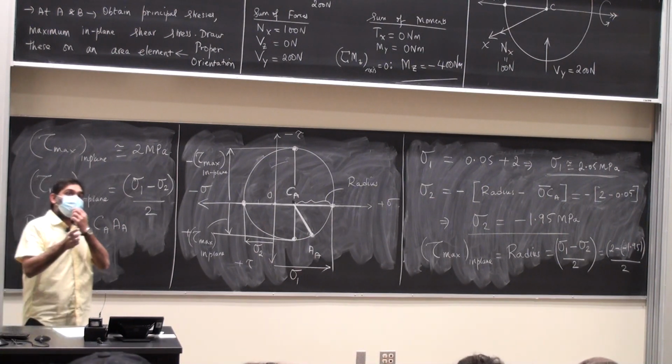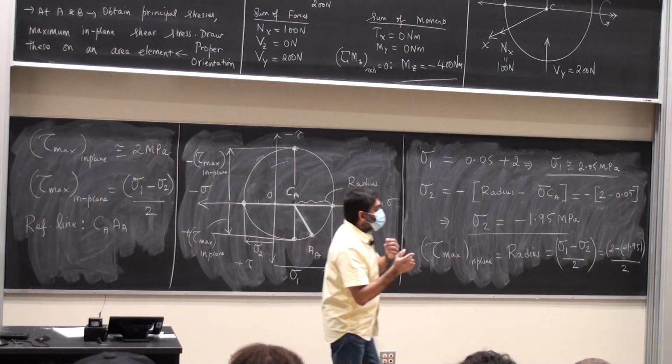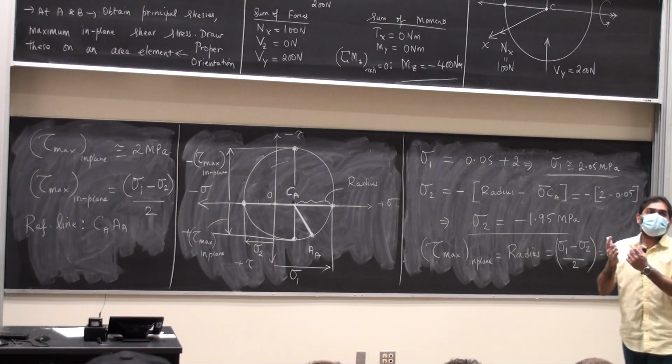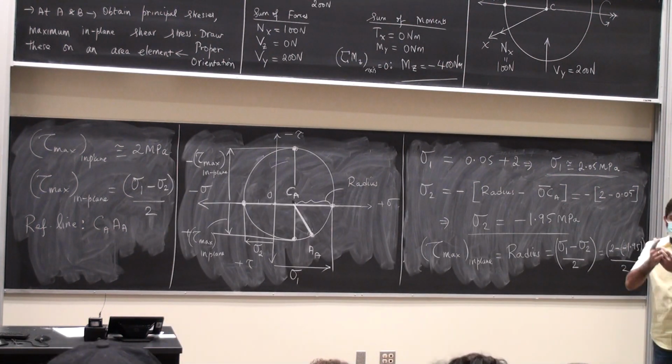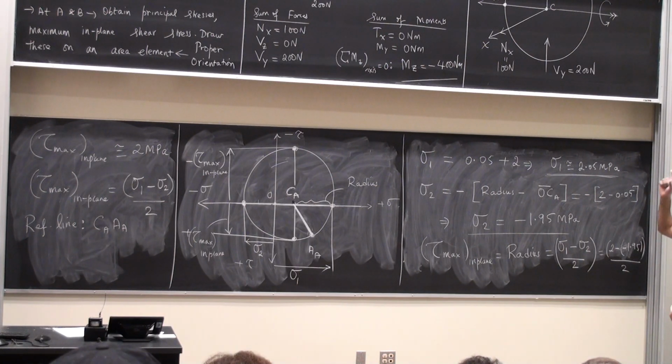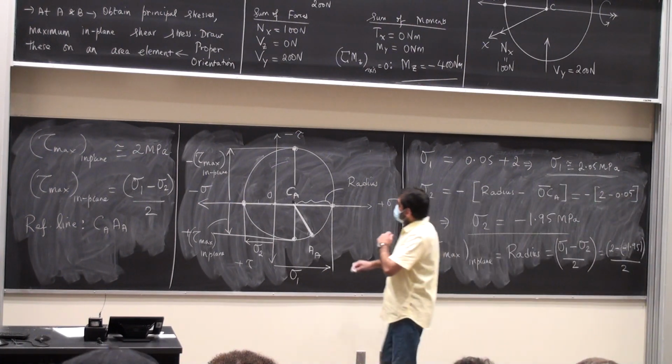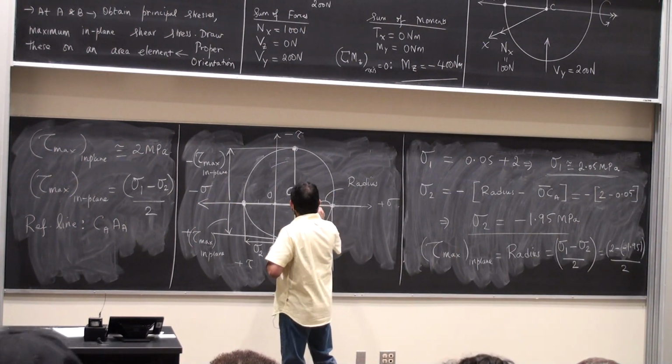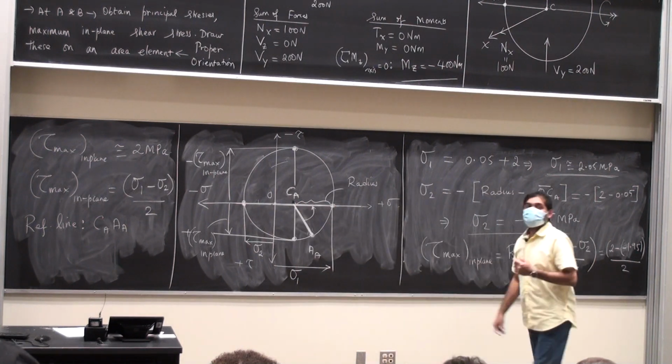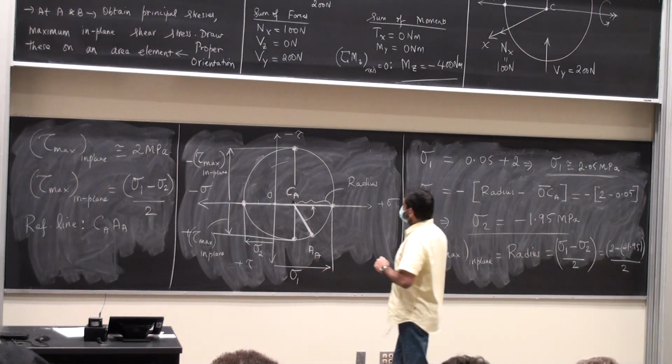From the reference line, all the way to the first principal stress is the angle 2 theta P1. Bear with me, today we don't have time to go through why it is 2 theta P1, but I'll come back using the point B. I'll explain why it is 2 theta P1 on Monday. So this angle here is 2 theta P1.